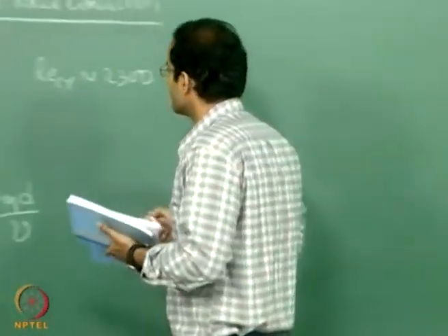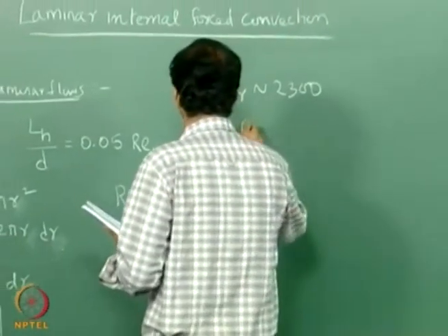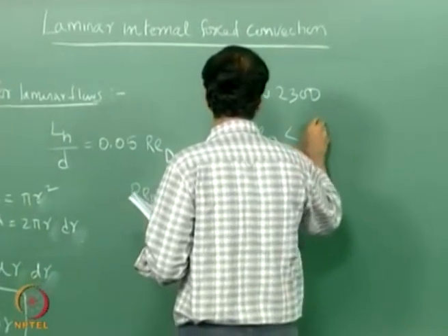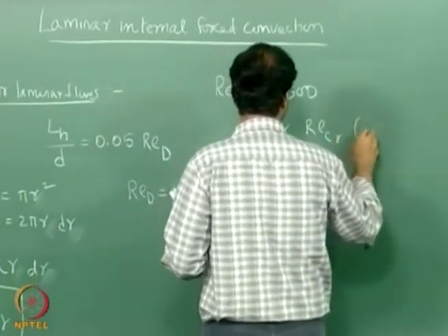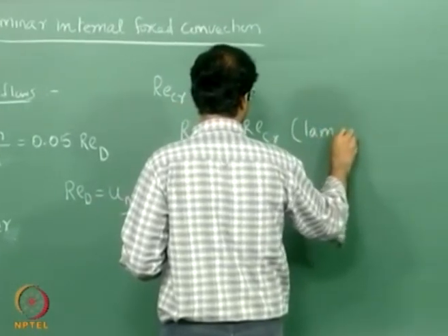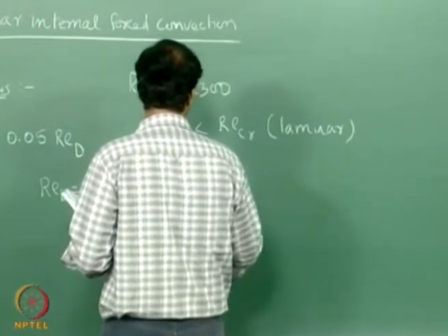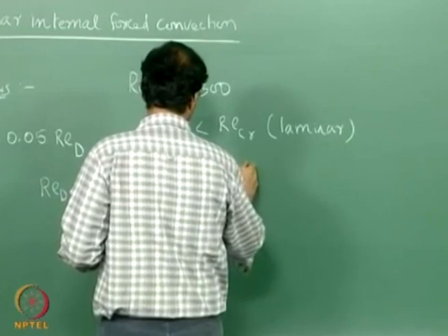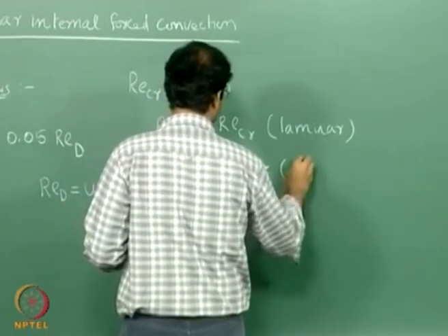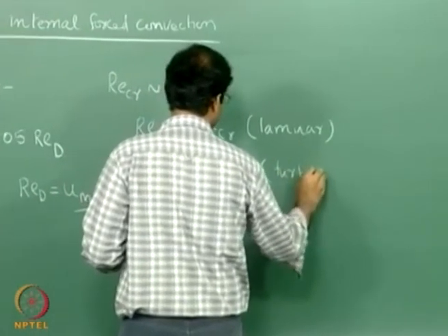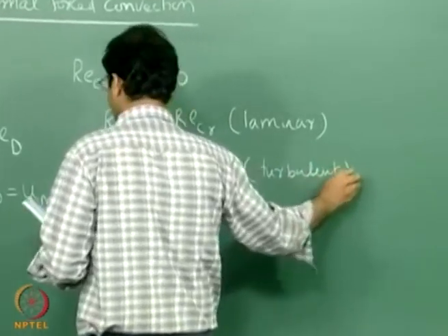So if your Re_D is less than Re critical, this is an approximate thumb rule for classifying the flow as laminar. Otherwise, you can look at either a transition regime or a turbulent regime.